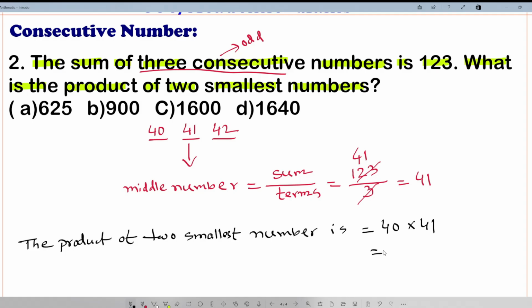So what will be the answer? The answer is 1640. So where is this number? D is our right answer, 1640.